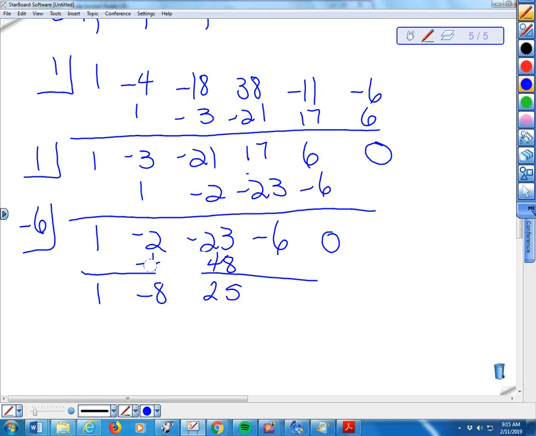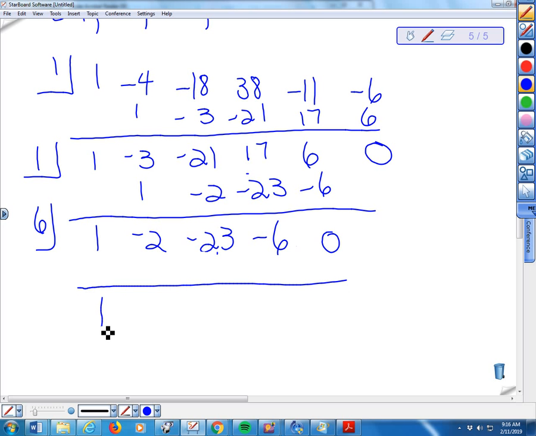Nope. Let's try 6. We still have negative 3 to try, but we'll just do 6. 1, 6, 4, 24, 1, 6. There it is. Yep. So my zeros so far are 1, 1, and 6.